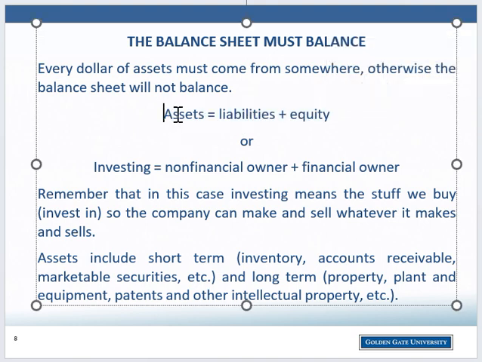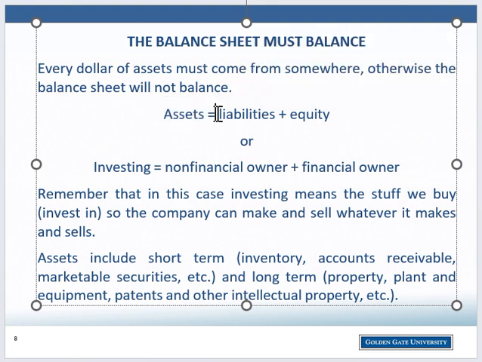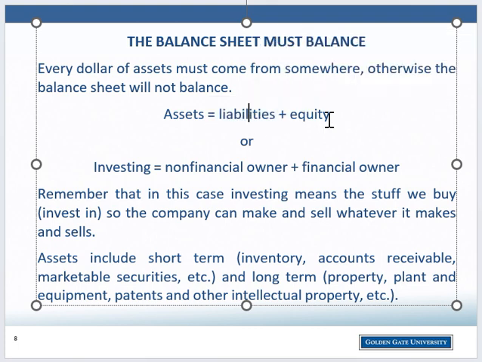So the assets, which is the economic resource that the company will use in the future, is financed either by debt, which is liabilities, or by equity, which is either the owner's own contribution or investors' contribution as part of being basically a partner of the firm.